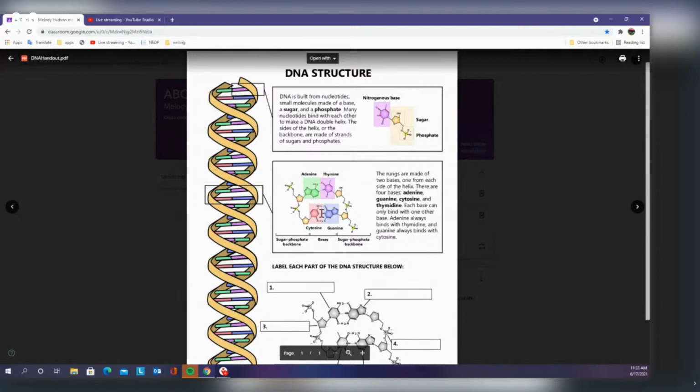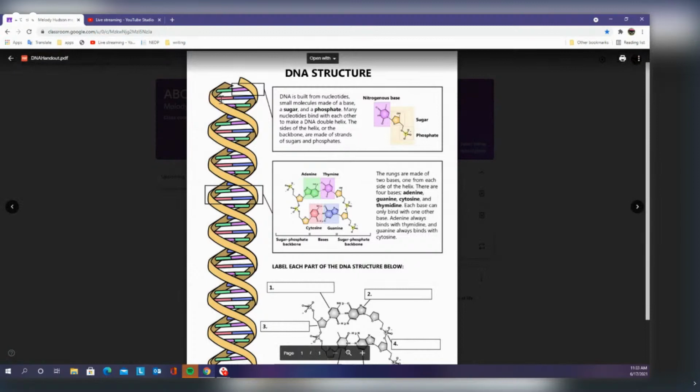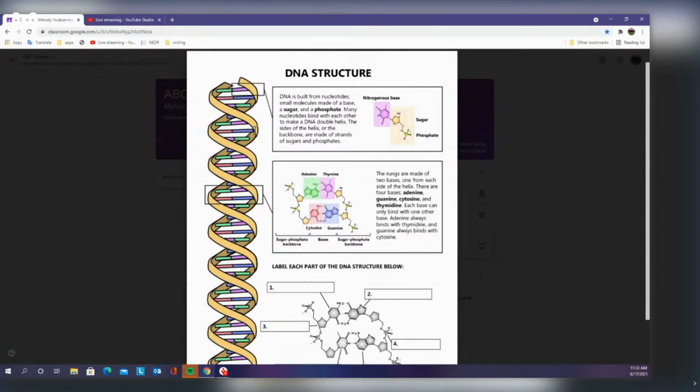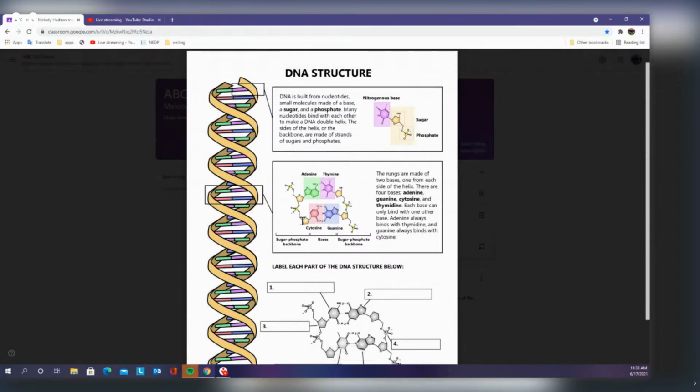And then you have the third base, which is cytosine, paired with guanine. There's cytosine and then guanine. Cytosine and guanine. They always go in this order of cytosine coming first, guanine coming second.